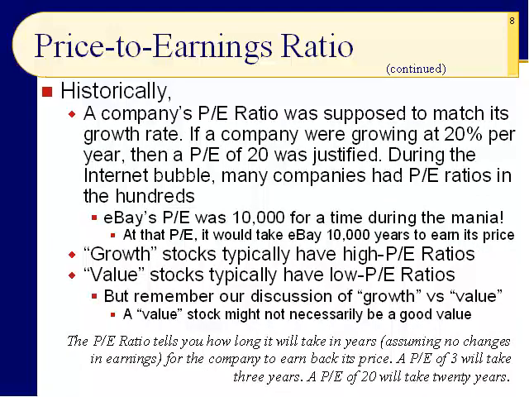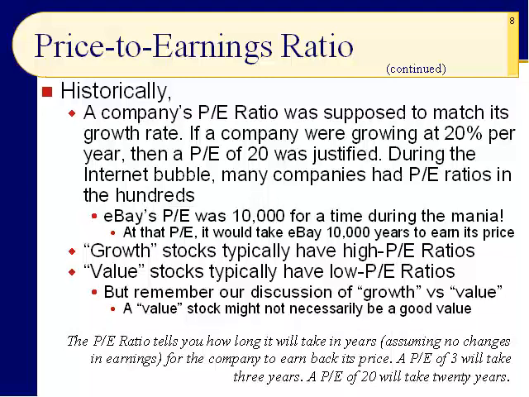Slide number 8. Okay, continuing PE, the most popular stock market statistic. Historically, a company's PE ratio was supposed to match its growth rate. If a company were growing at 20% per year, then a PE of 20 was justified. During the internet bubble, many companies had PE ratios in the hundreds.